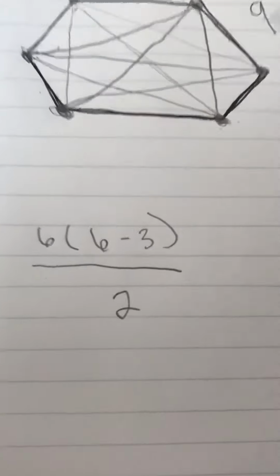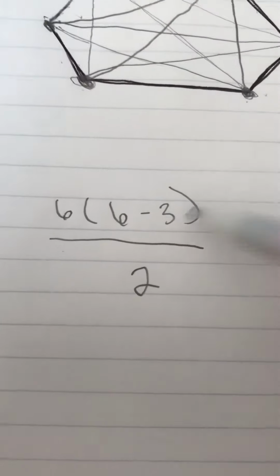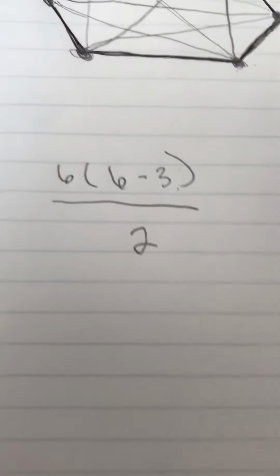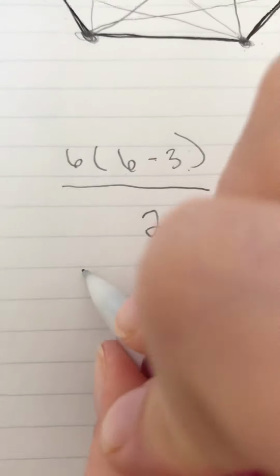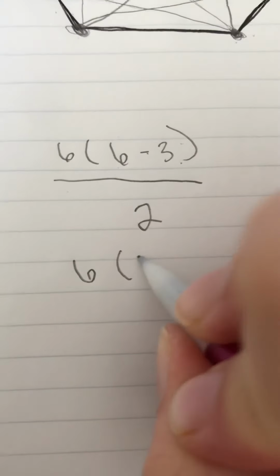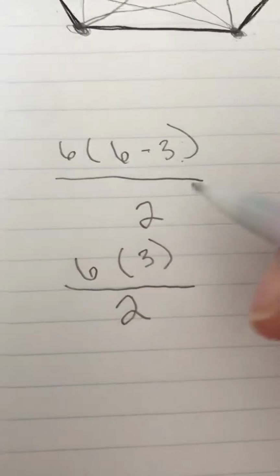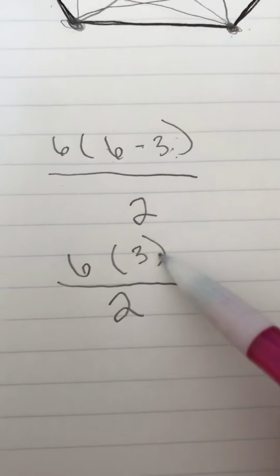With PEMDAS, I start with my parentheses. 6 minus 3 is 3, so when I rewrite it, everything looks exactly the same except I put 3 in place of 6 minus 3.